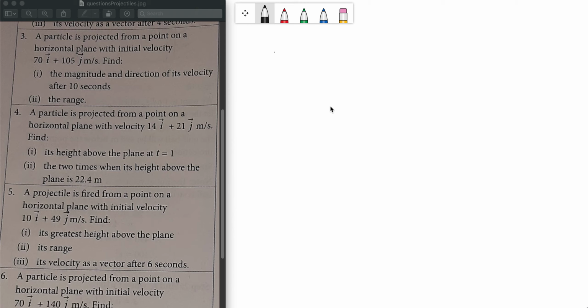Question 3, part 1. A particle is projected from a point on a horizontal plane with an initial velocity of 70i plus 105j meters per second.